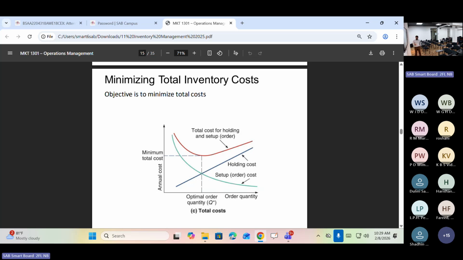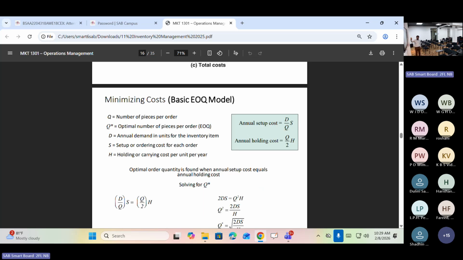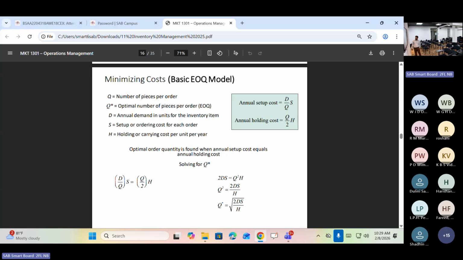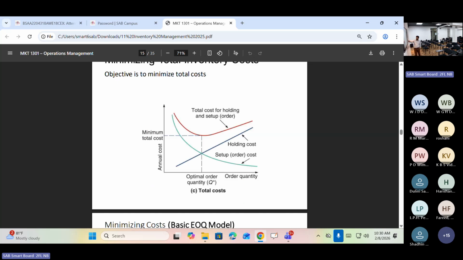I'm not going to explain the equations and all. You know, this has been proven and the equation is given. So when you consider the annual setup cost and the annual holding cost, they are equal at the point that minimizes the total cost.